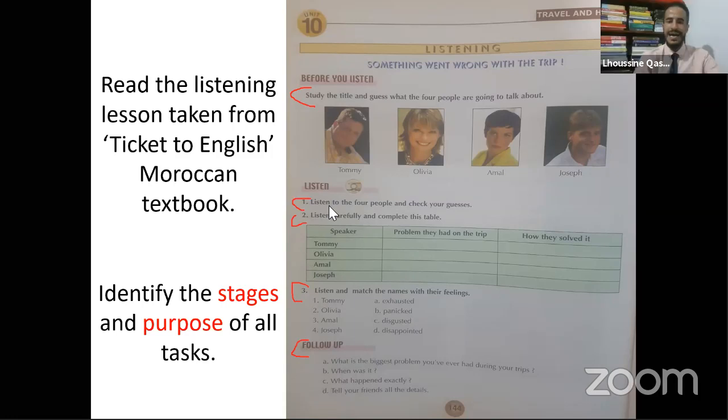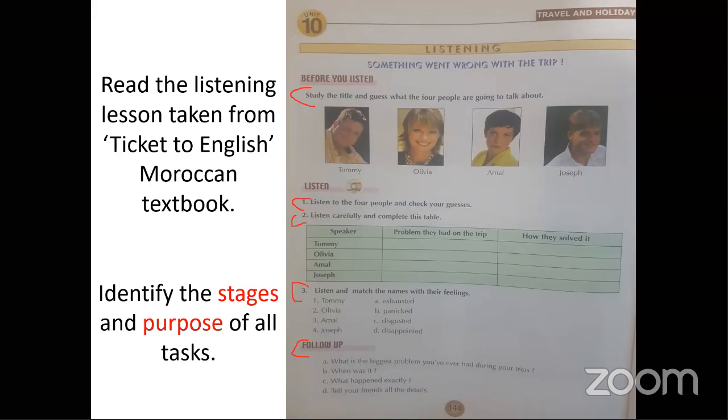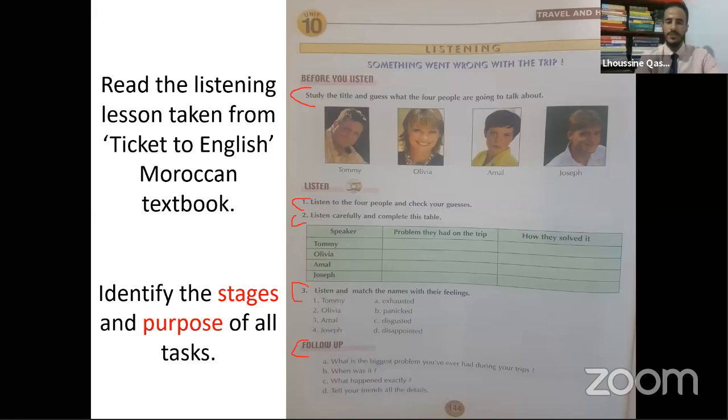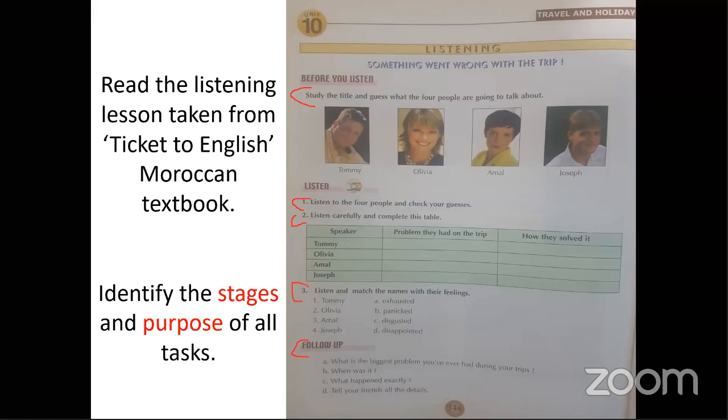Wonderful, great. And here, number one, listen to the 4 people. What is this? It is the while listening stage. Listen to 4 people and check your guesses. And number 2? Listen carefully and complete this table. So I think it's still while listening stage.